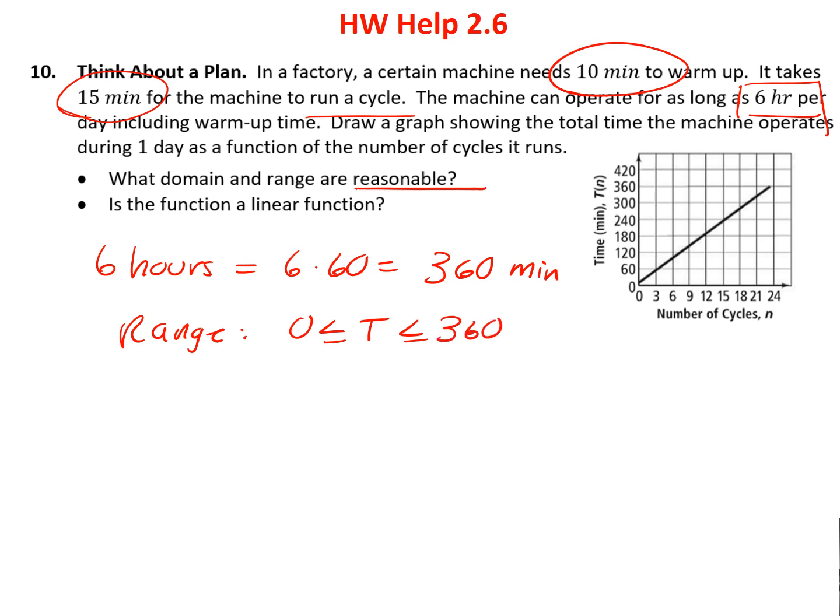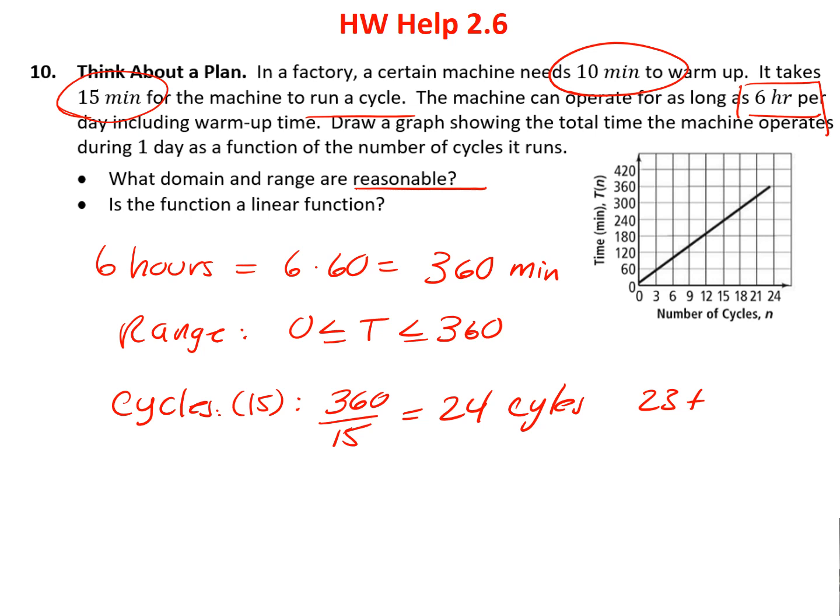All right. Now the question is, what's going to be the number of cycles? Well, first of all, since the cycles are 15 minutes long, if I take 360 and divide by 15, I find out that it could run 24 cycles. Although in reality it would only run 23 plus a 10-minute warm-up.